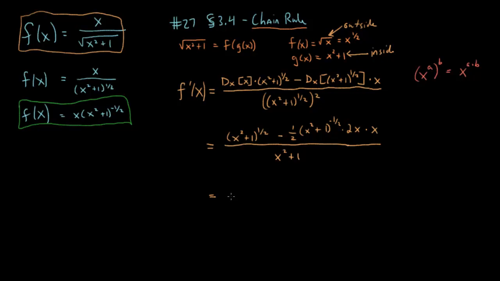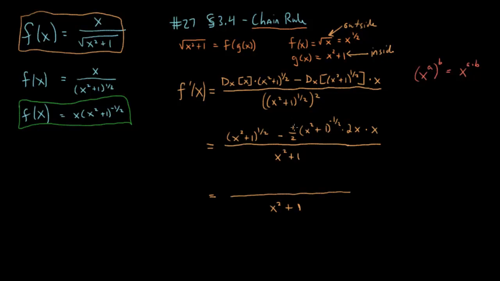Now, you have to remember your rules of exponents here. So the denominator is just going to chill out for a minute. X squared plus 1. Okay. Now think about this. If we're trying to eliminate negative exponents, we have a couple things we can do here. Like I said, we could rewrite this in terms of radical notation and then combine via common denominator. But one way to do it would be to factor the numerator.